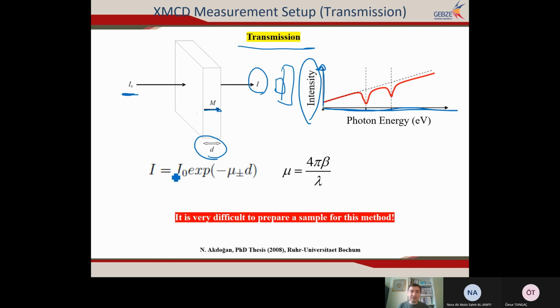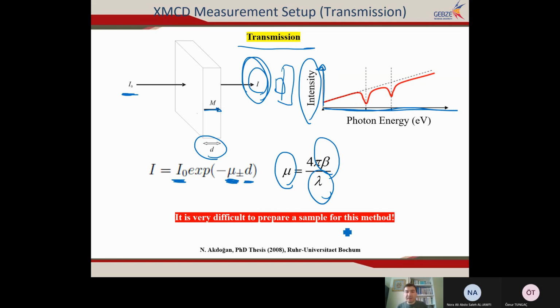So what do you see here? This final intensity passing through the sample depends on the initial intensity, and it depends on the absorption coefficient of the material, and it depends on the thickness. We have discussed this one in the second lecture. And this absorption coefficient depends on the energy of the incoming photons, or the wavelength of the incoming photons.